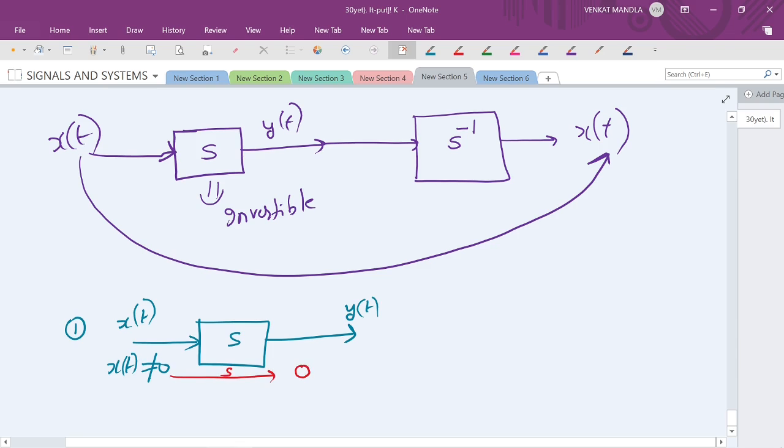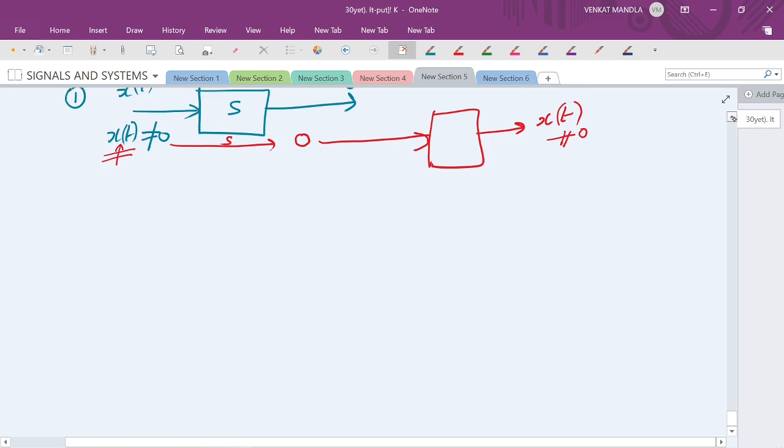If I get 0 at the output, is it possible to get x of t by any means from 0? If I apply 0 to any system, can I get some non-zero output? It is not possible, impossible.